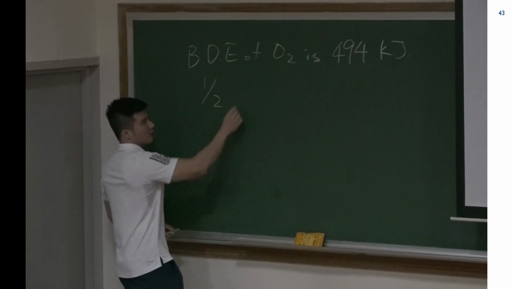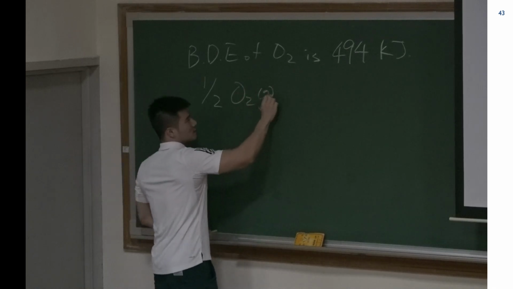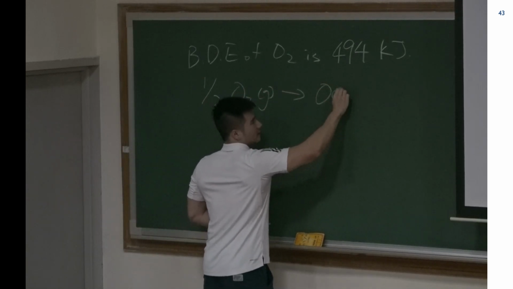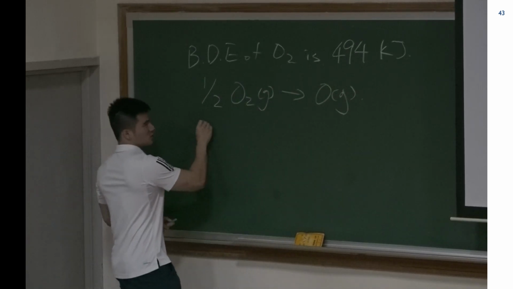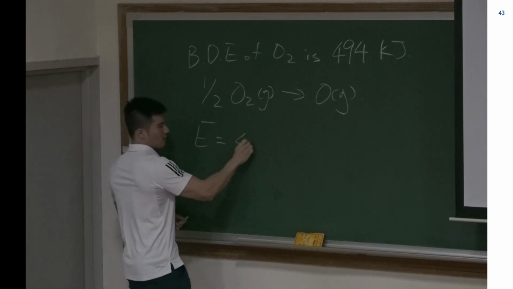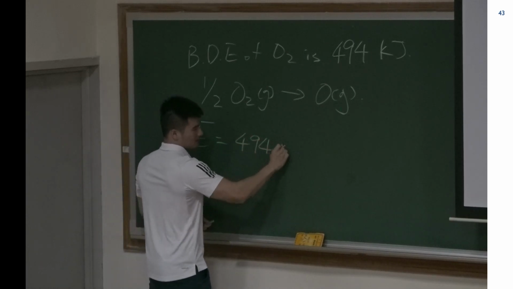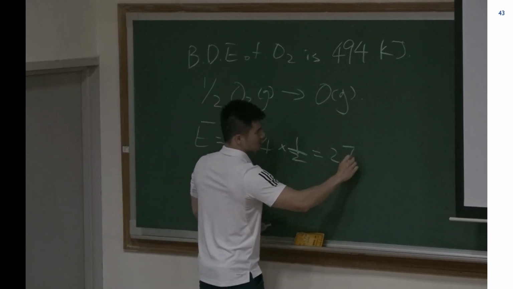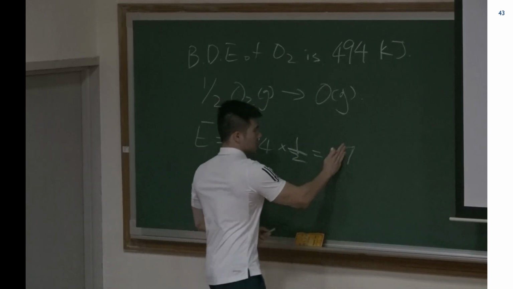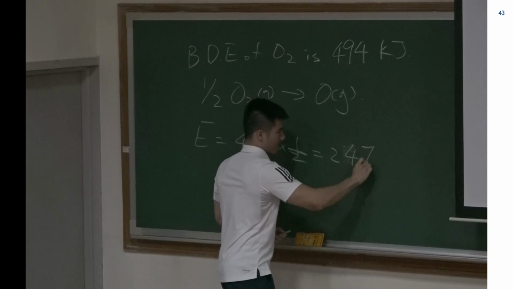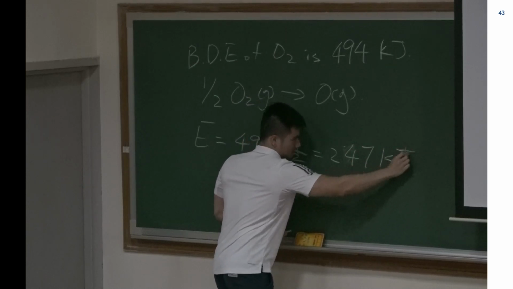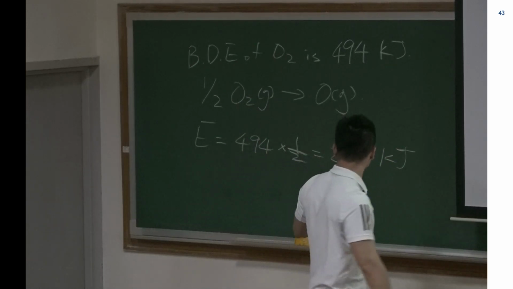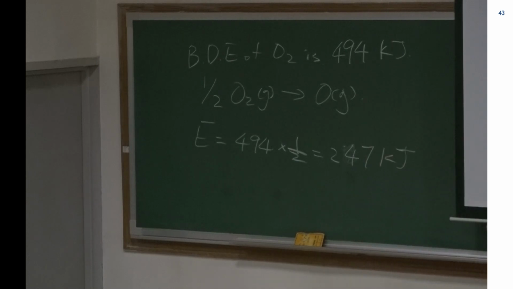Right? We have half O2 gas to O gas. Hence, the energy for this process should be 494 multiplied by 1/2. It will be 247. So watch out for this. Right. So make sure you don't drop the ratio here. Okay.